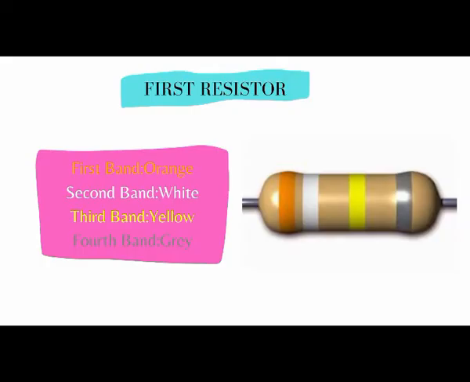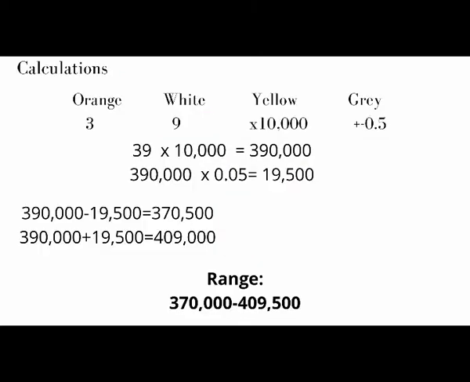Let us take, for example, the first resistor. The first color band is orange, while the second color band is white. The value of orange in the resistor chart is 3, while the value of white in the resistor chart is 9. So combining the two, we have 39. The color in the third band is yellow, which is equal to the value of 10,000.